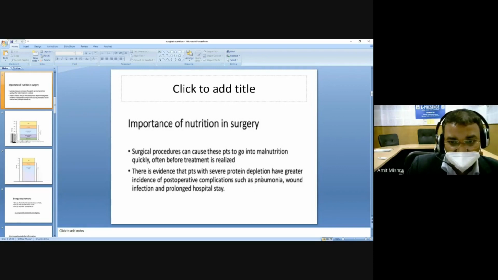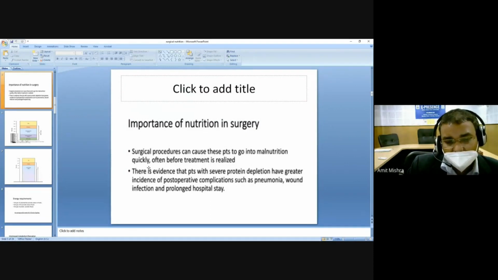So apart from protein depletion, other factors are also responsible for the development of complications in the malnourished surgical patient. But surgical nutrition is certainly a definitive factor where we can have some advantage for correction if the patient is deficient.